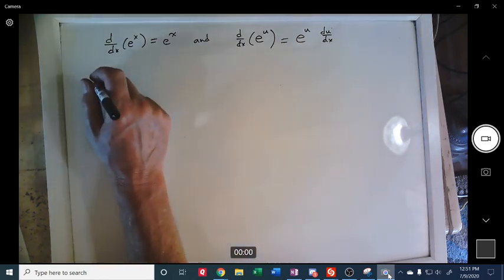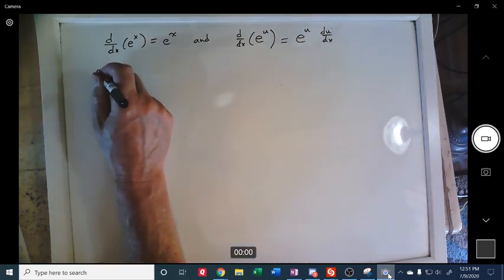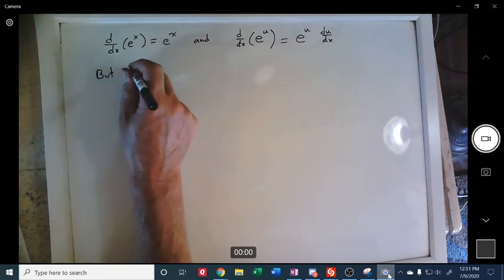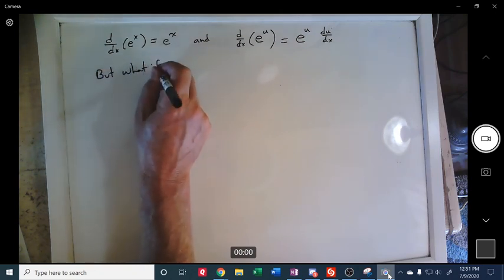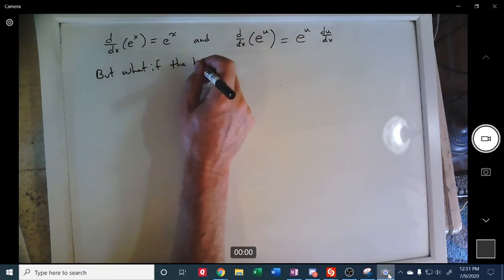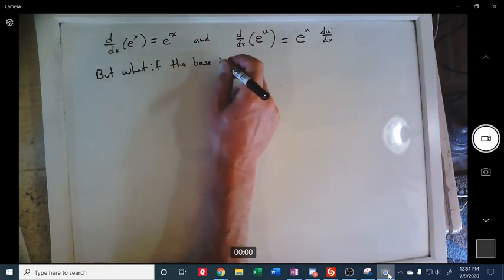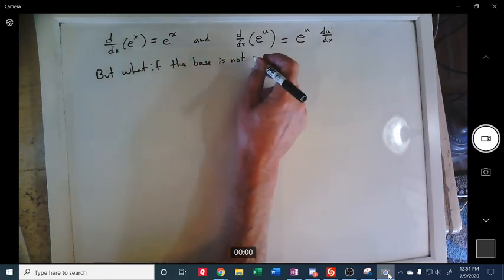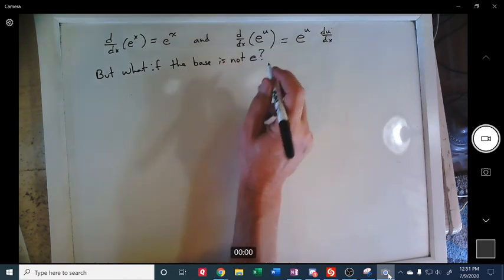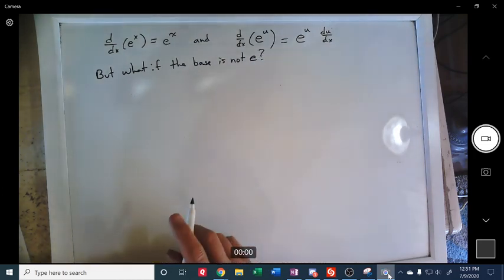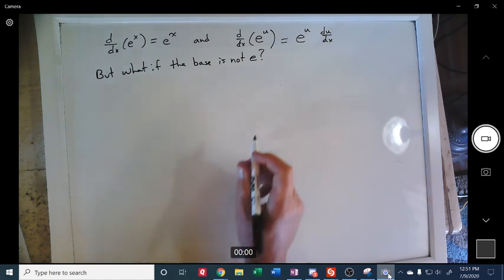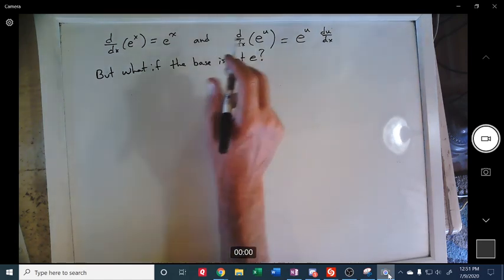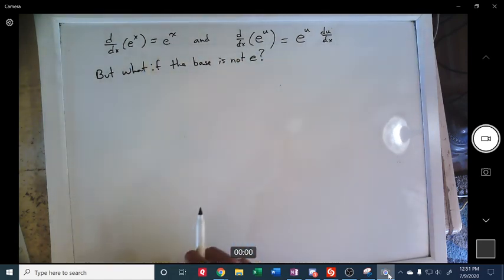But what if the base is not e? All of our theorems so far require the base to be e.